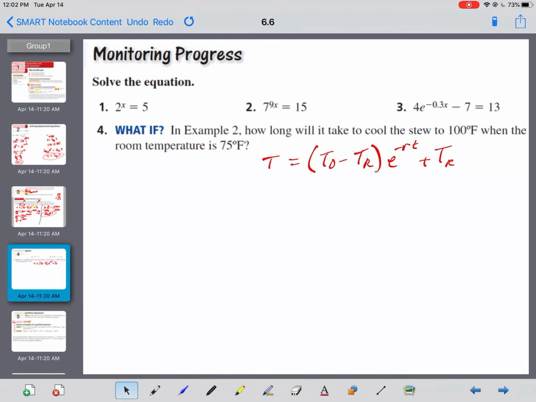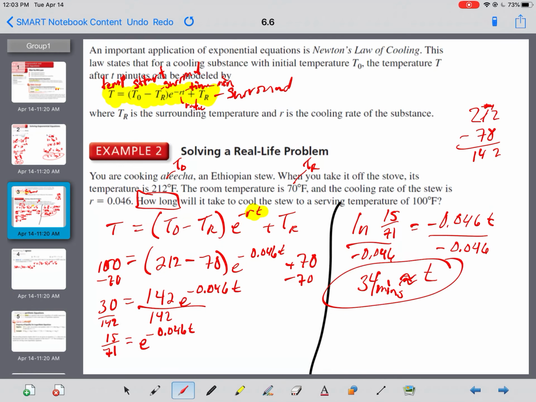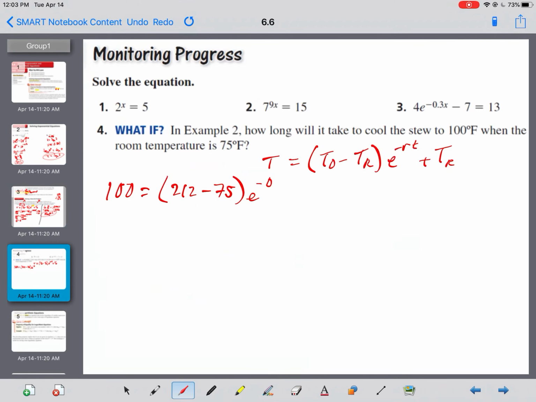Okay, there's the equation that I need. How long would it take to cool a stew to 100 degrees when the room temperature is 75? Everything else stays the same. We want it to get to 100 degrees. It starts at 212, but the room's 75 degrees. And the rate is 0.046.